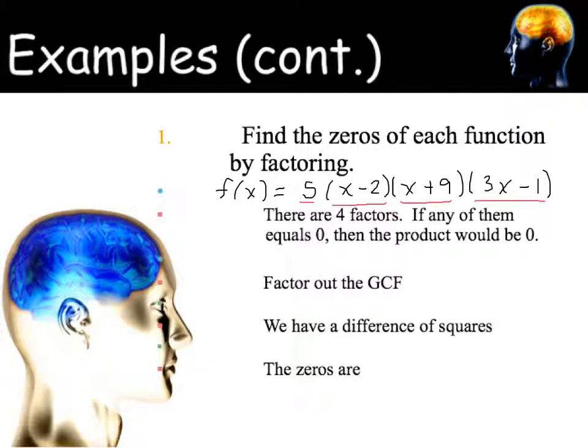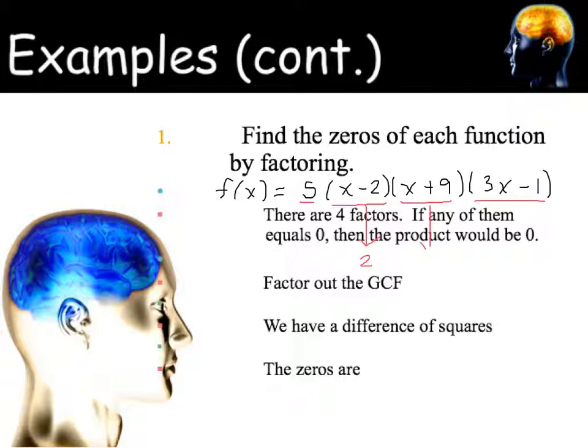So we're not going to be able to find a value of x there that would make this polynomial equal to 0. But if x minus 2 were set equal to 0, then solve for x, we'd find that if x were replaced with the number 2, this entire polynomial would come out equal to 0. So that is a zero of the polynomial.